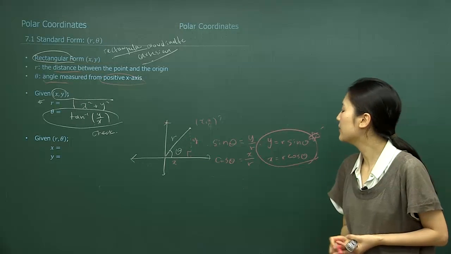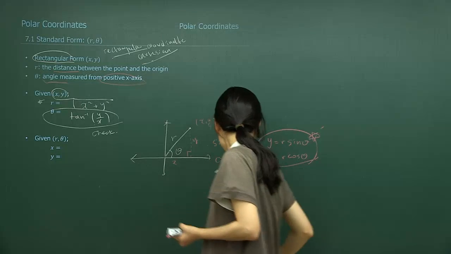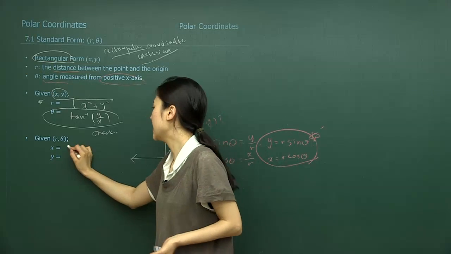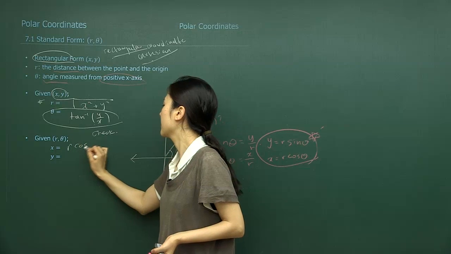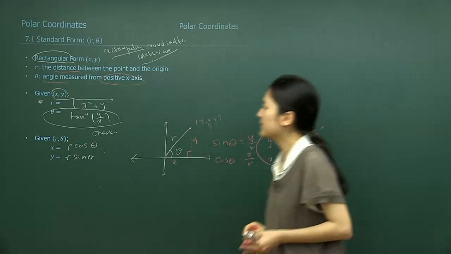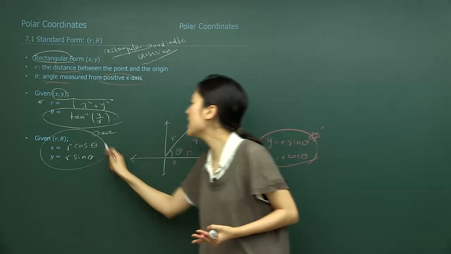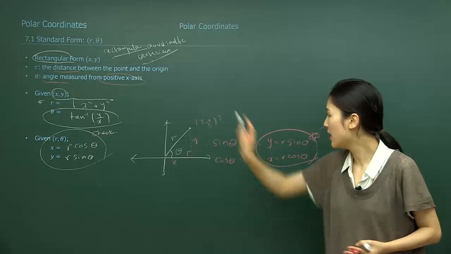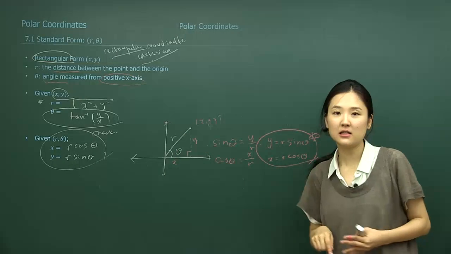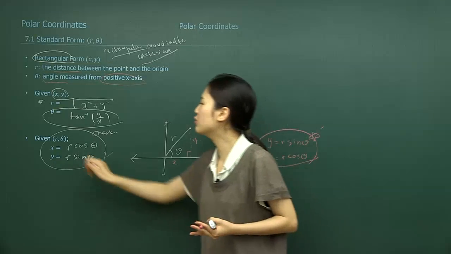This is your general equation or formula for your x and y, knowing or using the r and theta. All right, so formulas are important, but you may still get them from creating a right angle triangle after you plot the point. You just need to know how to plot them.